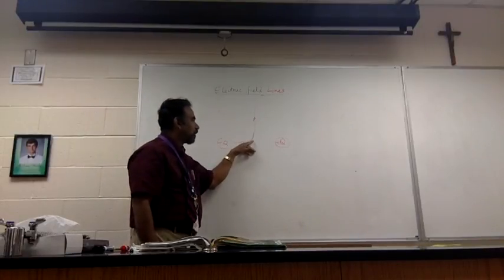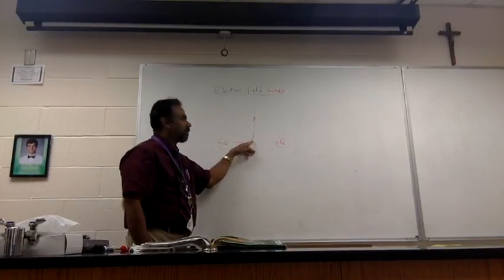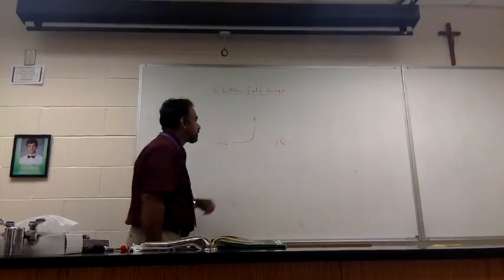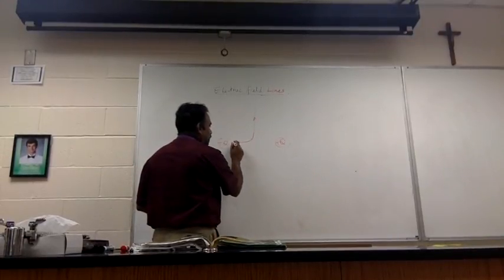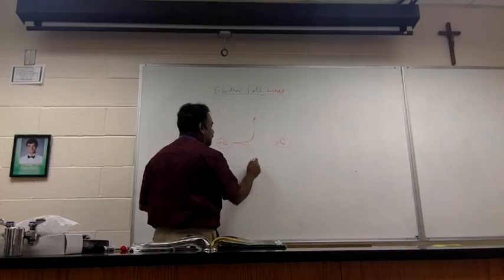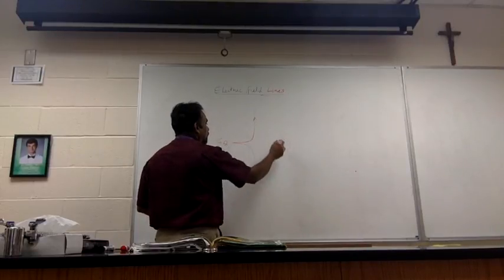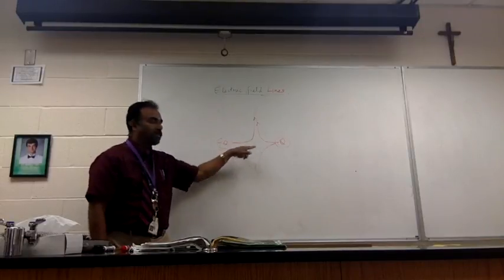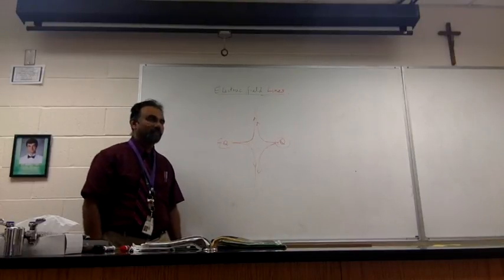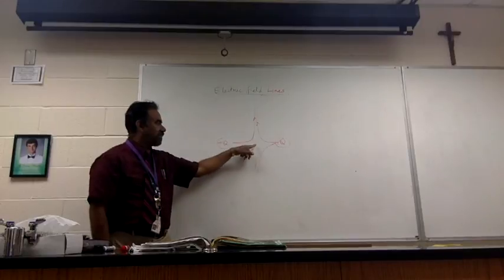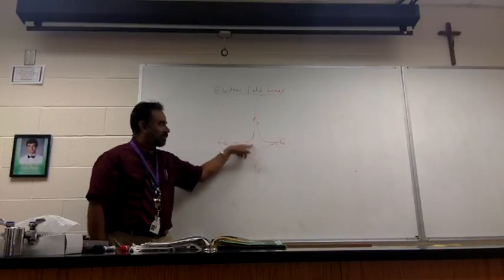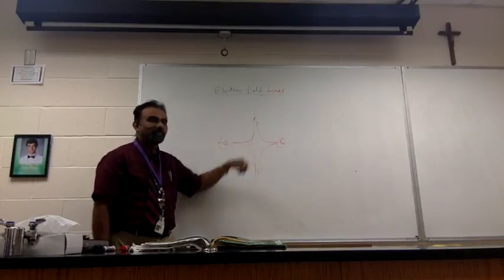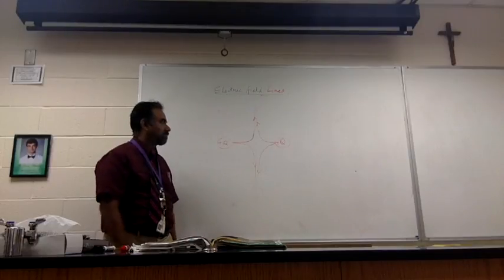Why is it getting deflected in that manner? Because at different points it will have the net force in that direction. If I release it a little to the bottom, it's going to go like that. If I release something from here, it's going to go like that. So this is a no man's land. Nothing comes here. No electric fields there, because that is a void in terms of electric fields.